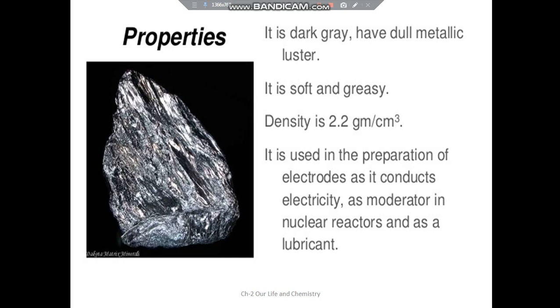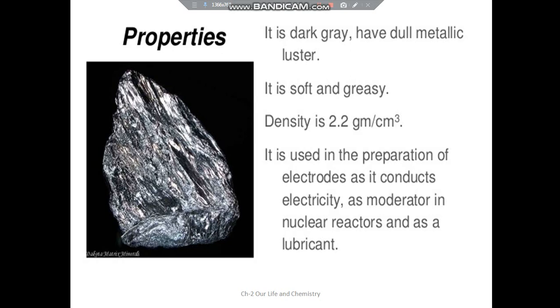As I said, because in graphite one carbon atom is bonded to 3 neighboring carbon atoms, the one free electron is responsible for the conduction of electricity, and hence makes graphite suitable for electrodes in many electrolytic processes.